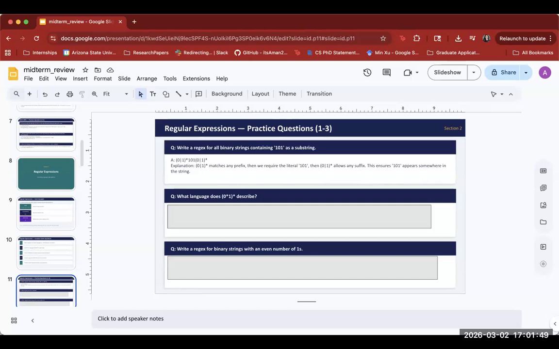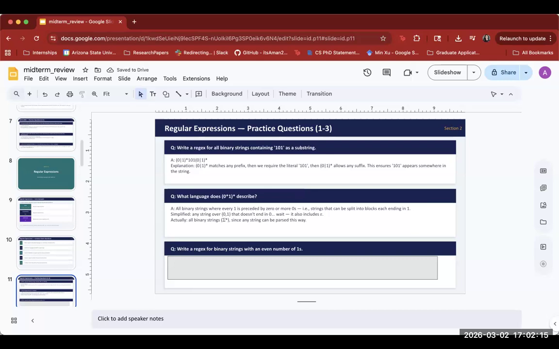So that's something that I can see. I could see this as a language where every 0 is followed by a 1, right? But we can check the correct answer and see what it says.